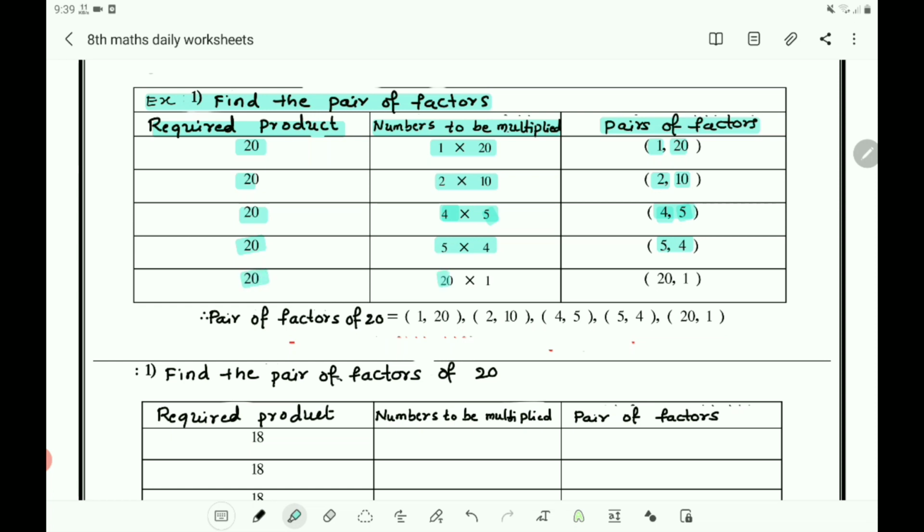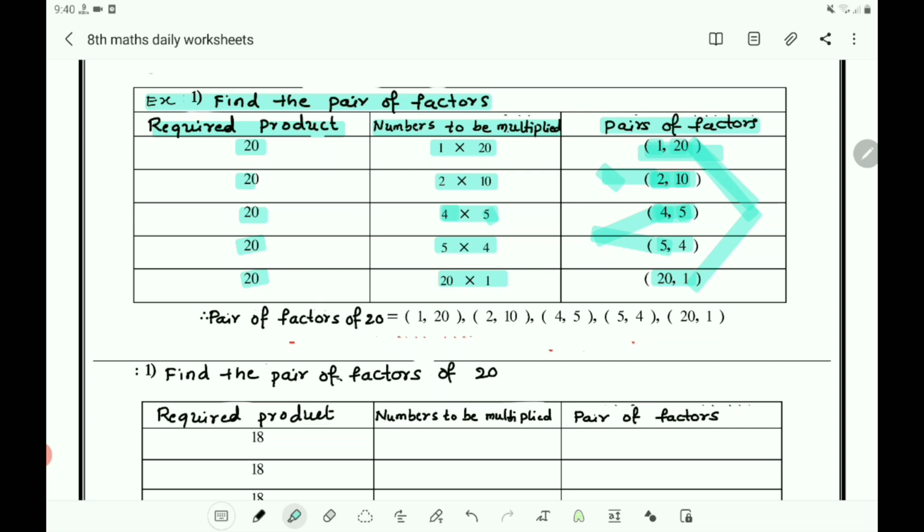Next 21. Here these two are the same. Next, these two are the same and this is different here. And you can have 1, 20; 2, 10; 4, 5 or 5, 4 like this.